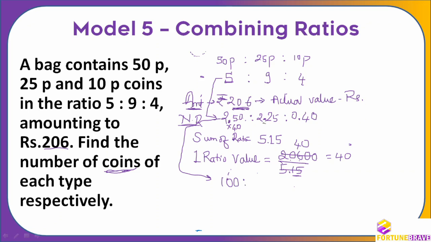Same way 2.25 into 40, this is 25 less, so I can see it is 90. And this if I multiply by 40, what I'll get is 16. So if we add up all of them, you will get 206, right or wrong? 100 plus 90, 190 plus 16 is equal to 206. So we have done it correctly.